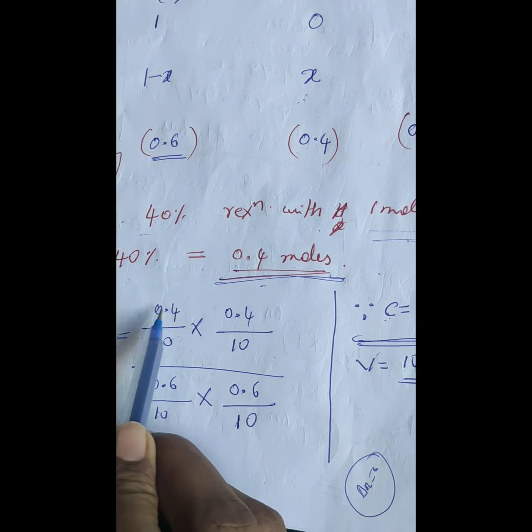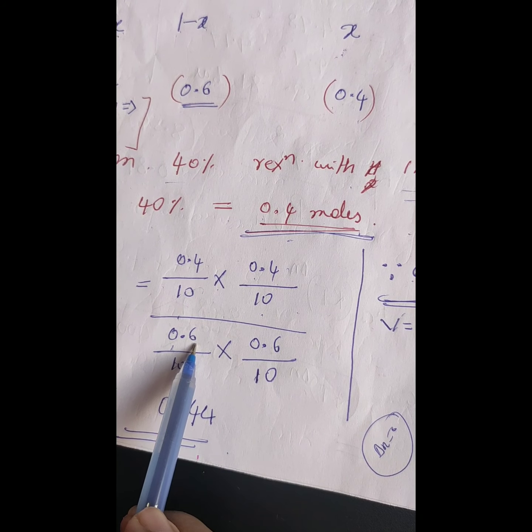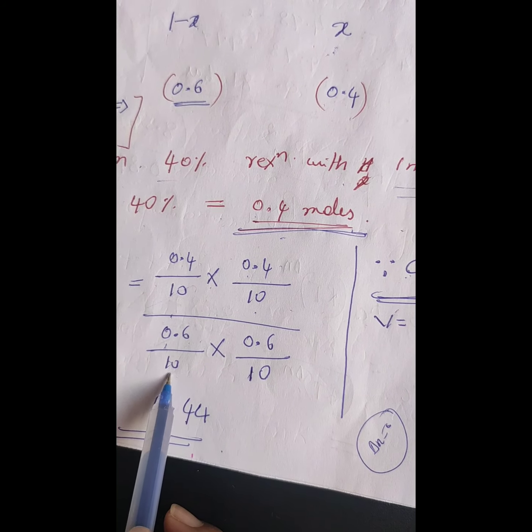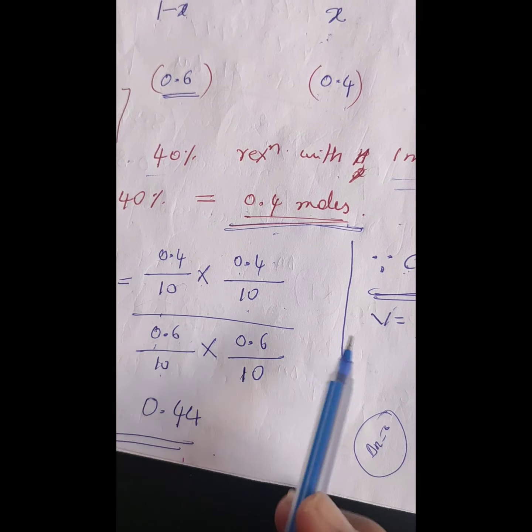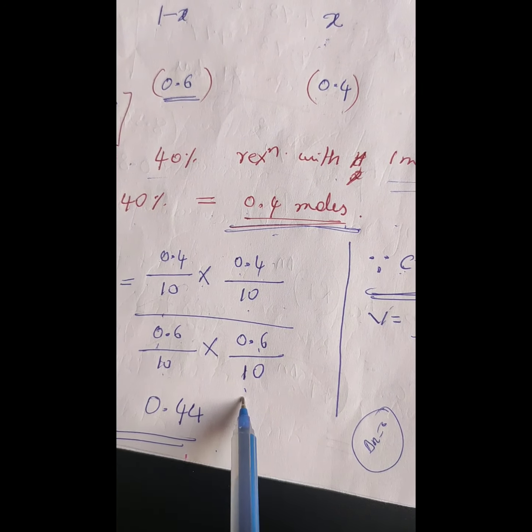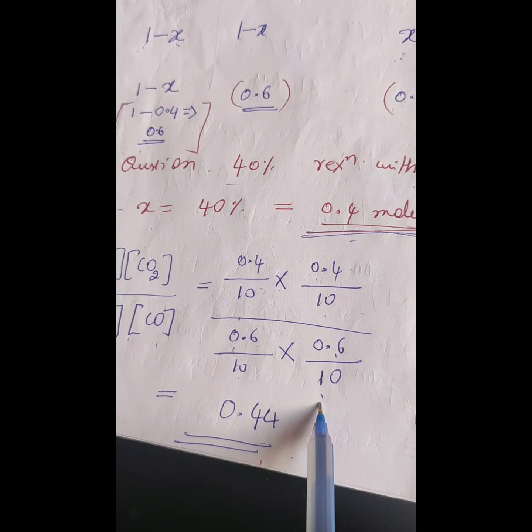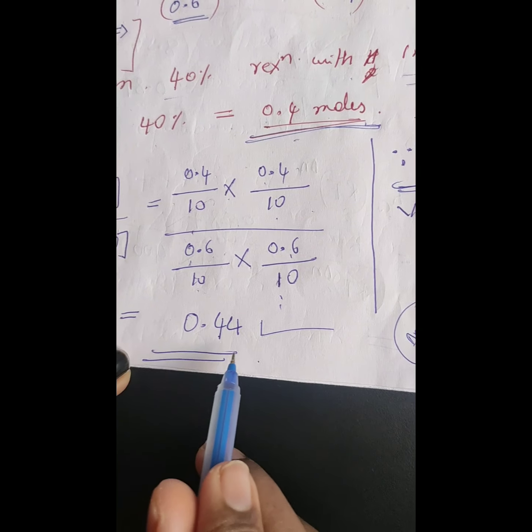The concentration of water will be equal to 0.6 by 10, and the concentration of carbon monoxide is also 0.6 by 10. The values are substituted according to the chart from the data. Now simplify, the 10 gets cancelled. So while simplifying you will get the Kc value equal to 0.44.